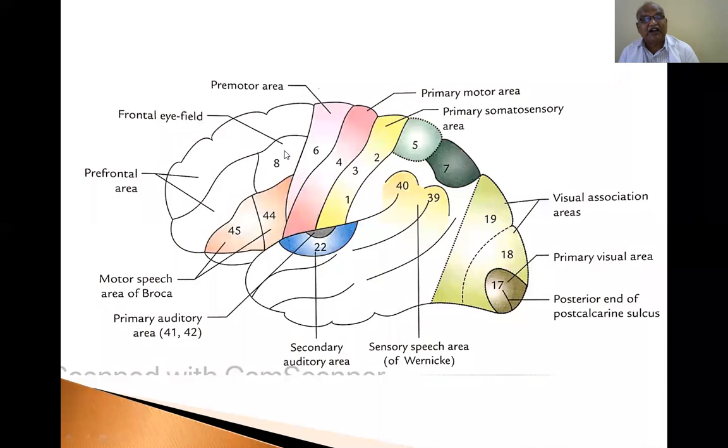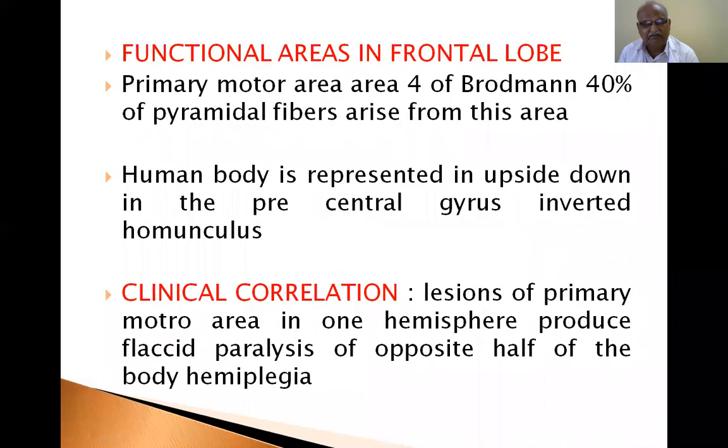This is the frontal eye field. This is the prefrontal area. So like that, the cerebral hemisphere is divided into a number of functional areas, and each area is associated with a typical function. There is anatomical difference, histological difference, and functional difference of all these areas in the cerebral hemisphere.